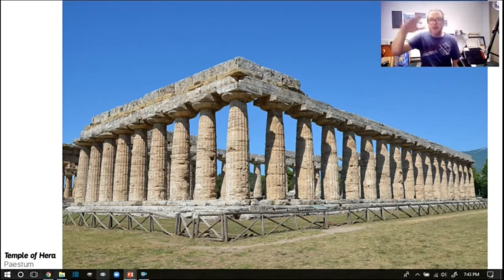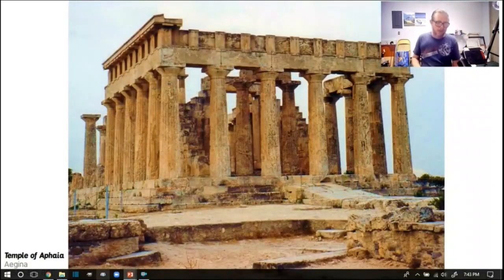It would have been capped off with all of the different architectural things that we've looked at so far. This is the temple of Aphaia. I'm not even going to try, I'm sure I'll screw it up. This became the standard that would then go into Doric temples. Even when we get later on and take a look at the Parthenon, it takes a lot of influence from this particular temple.